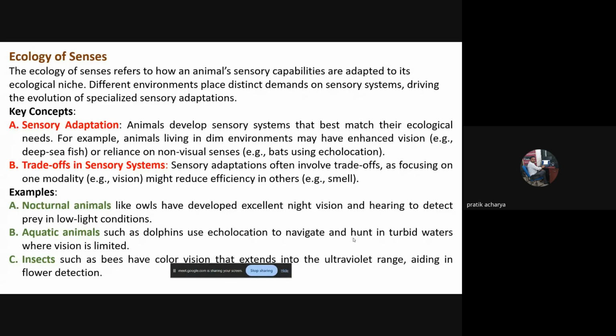Here another is trade-off in sensory system. Trade-off in sensory system means sensory adaptation often involves trade-off as focusing on one modality. That means in certain cases, think about a blind person. What is trade-off in sensory system?